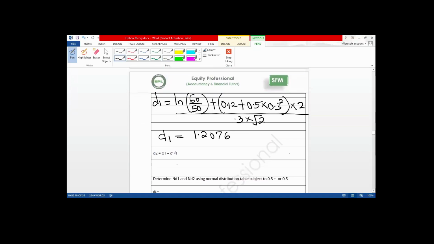You now move to your D2. D2 is equal to D1, 1.2076, minus volatility 0.3 multiplied by the square root of 2. You place this in bracket.